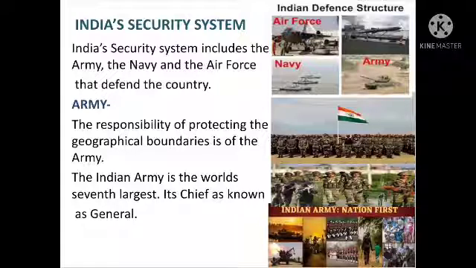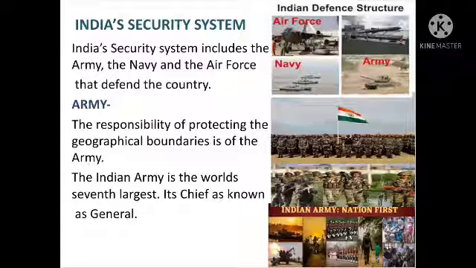India's security system includes the army, the navy and the air force that defend the country. The responsibility of protecting the geographical boundary is of the army. The navy protects India's coastline. The air force is in charge of protecting India's airspace.